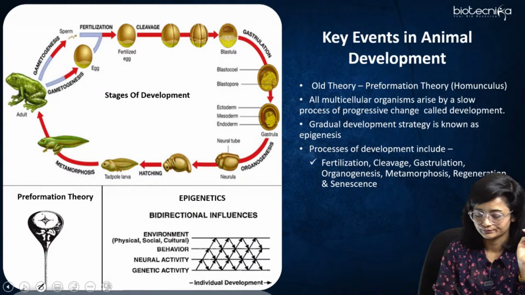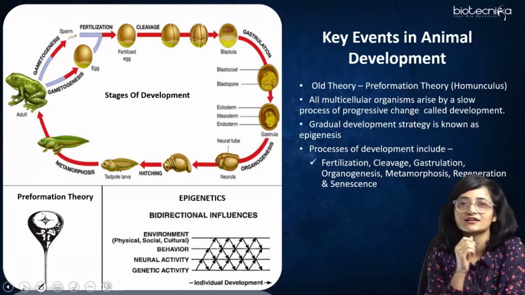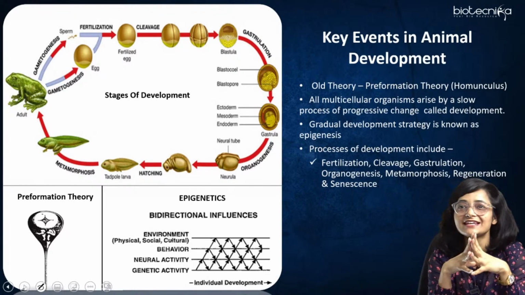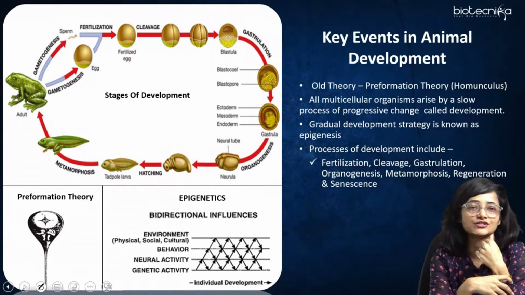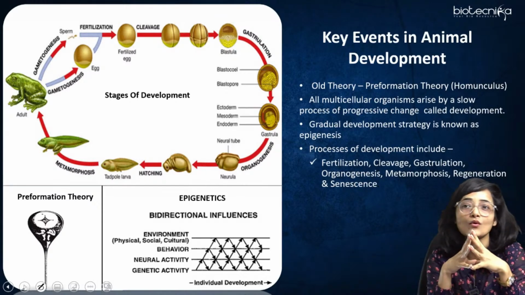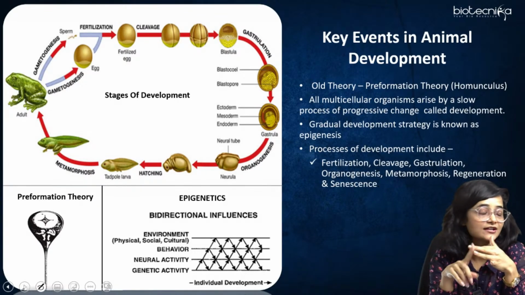So let's begin. Here is the first slide coming on your screen. We'll be discussing the key events in animal development. There were basically two theories given. Firstly, I want to ask you, what is the difference between development, proliferation, and growth?